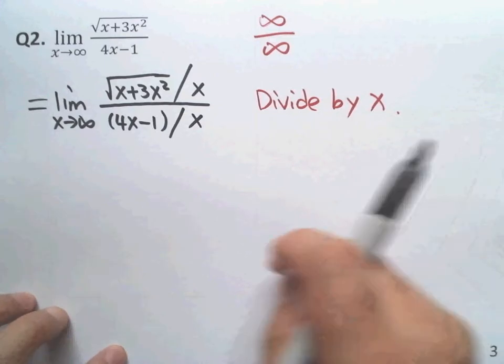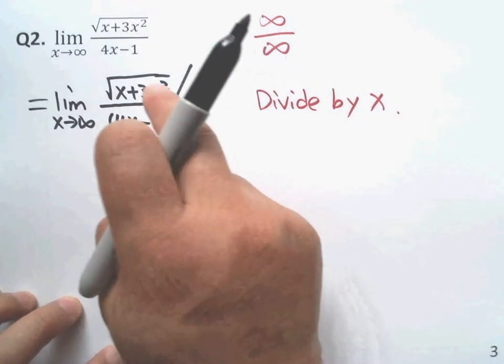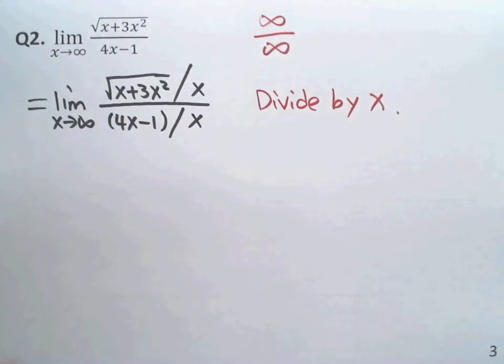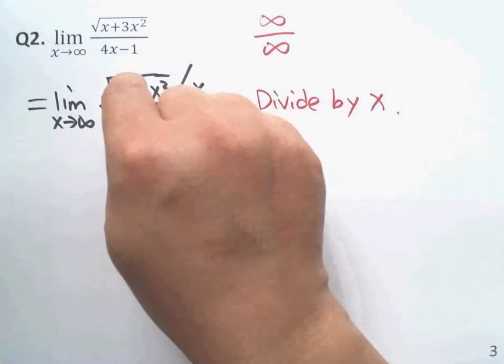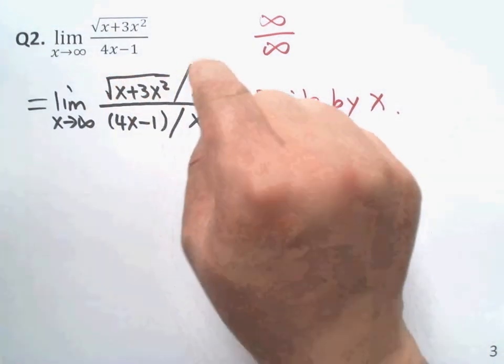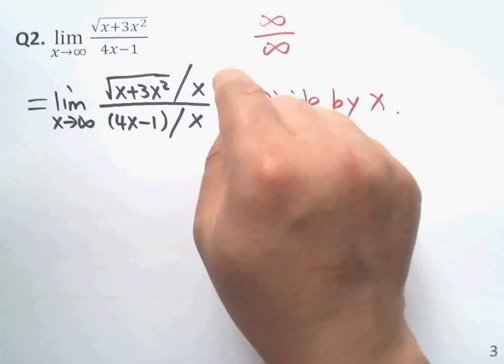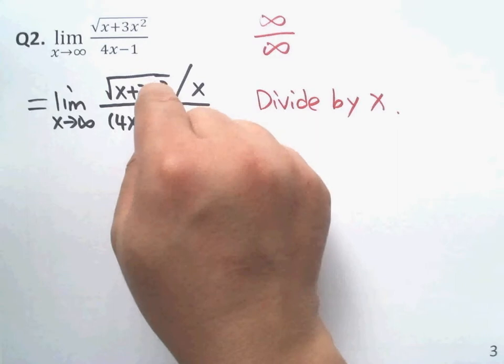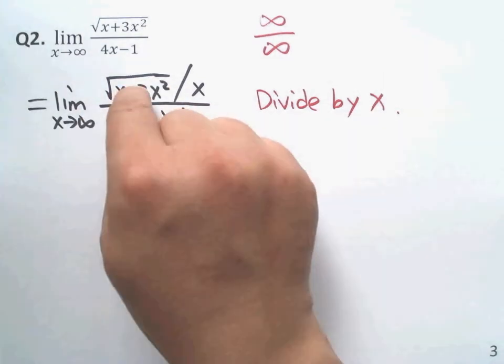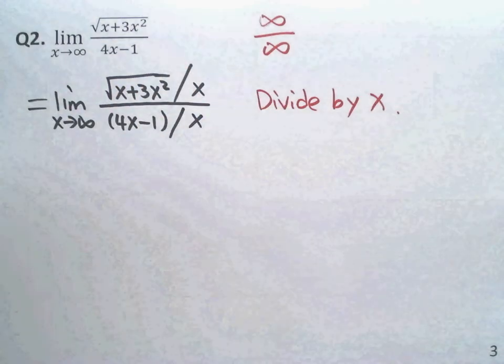Now what are we going to do? We need to put this x inside the square root. If we put a number inside the square root, we need to raise it to the power of 2. And the opposite, if we take x squared out from the square root, we take the 2 away.